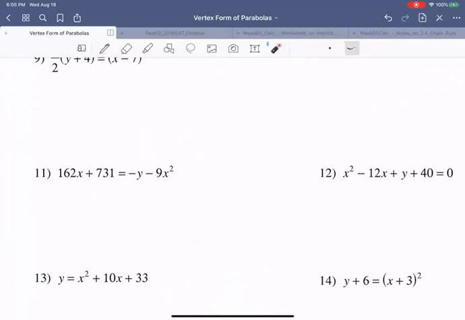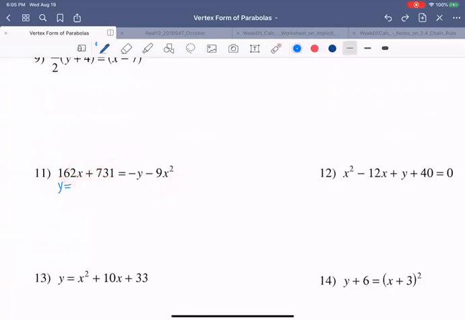731 equals negative y minus 162x. Let's put y on the left first. You see here, this is negative y, and you put negative in front, so this is positive y, and you move everybody to the right.